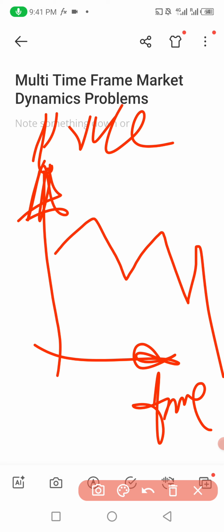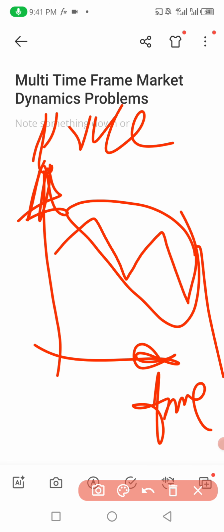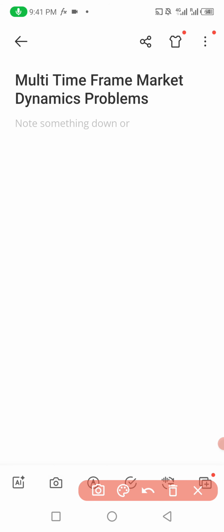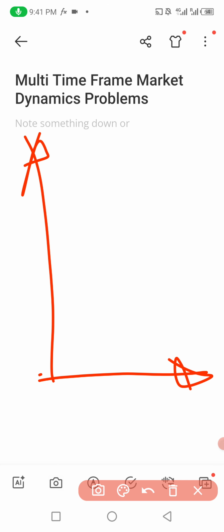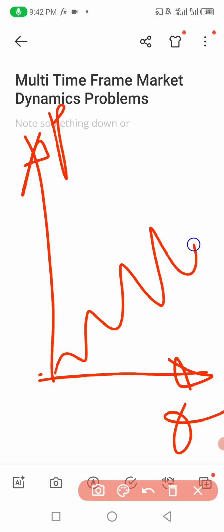So the market is selling in the daily time frame, and then you go to the 1 minute time frame and you notice that the market is doing some kind of stuff like this. So the market is buying. So you see there are different directions at different time frames.